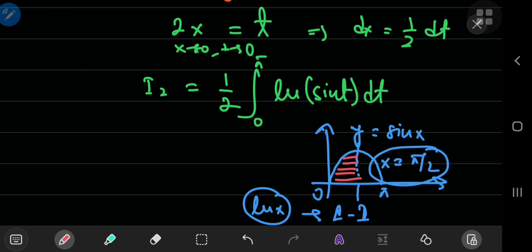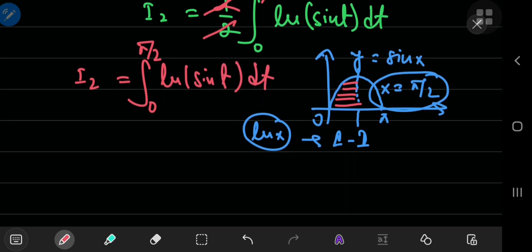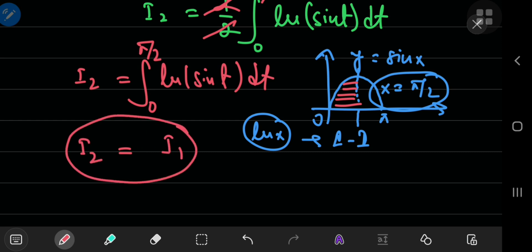So instead of integrating from 0 to pi, we're integrating from 0 to pi by 2 and just doubling the result. Now this cancels out the 2's outside, and we're left with I2 being equal to the integral from 0 to pi by 2 of the natural log of sine of t with respect to t, and this is exactly the same as I1. So I2 equals I1.